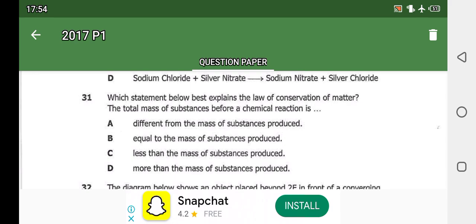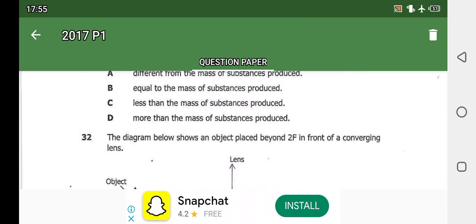So the correct answer is D. If it had to be after the chemical reaction, the answer would be B, equal to the mass of the substance produced. That is when it is after the chemical reaction. But the correct answer is D.